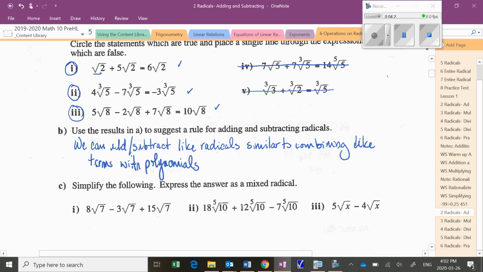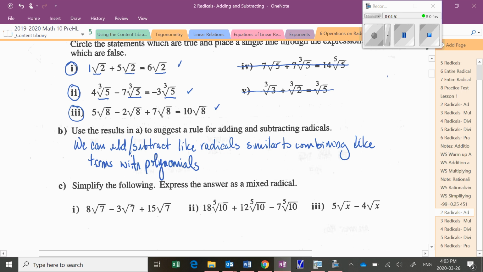So if we have root 2 and root 2, then that stays the same, and so it's like having 1 root 2 plus 5 root 2 is 6 root 2. 4 cube root 5 minus 7 cube root 5 is 4 minus 7, which is negative 3, and we hold on to that cube root 5. So it's no different than if cube root 5 was x, I had 4x minus 7x, we'd know that it's negative 3x.